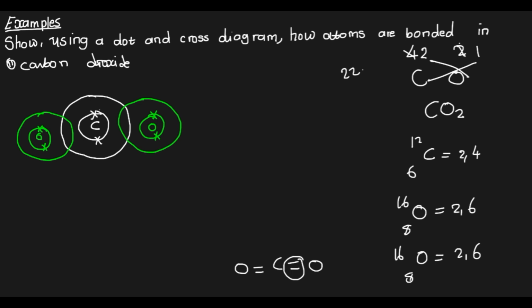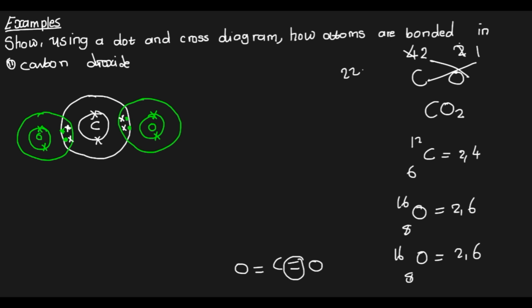Now we already have the picture. Carbon will contribute 2 electrons on each bond, so here we have 2 electrons from carbon on each bond, and also 2 electrons from each oxygen atom.